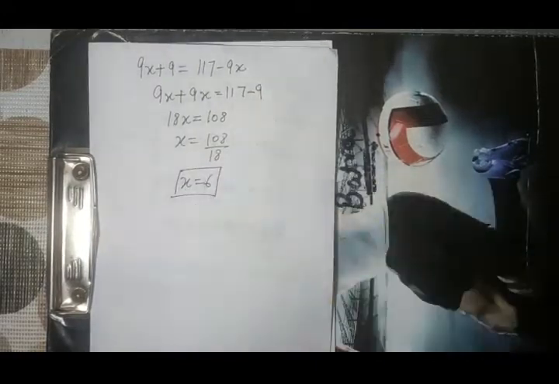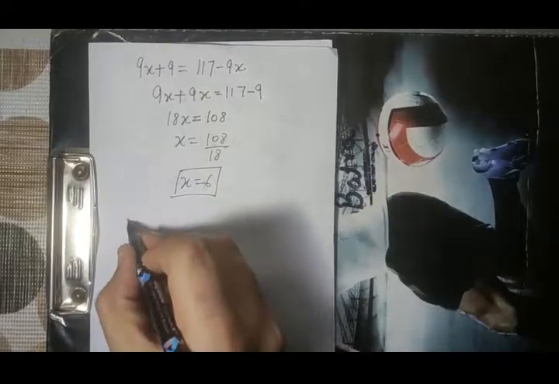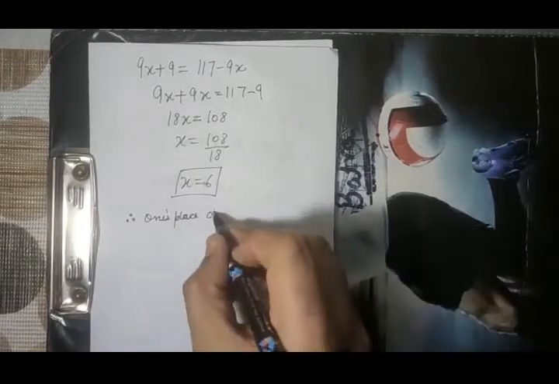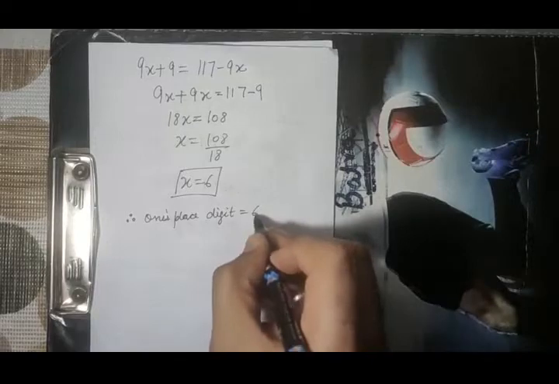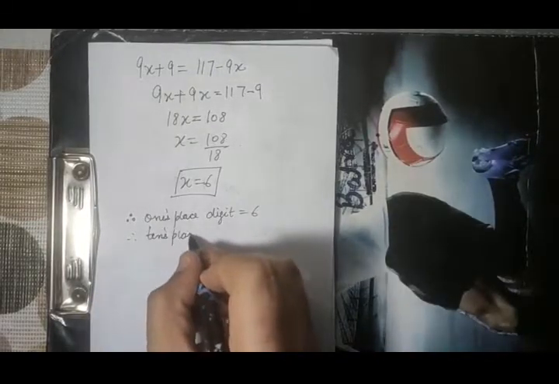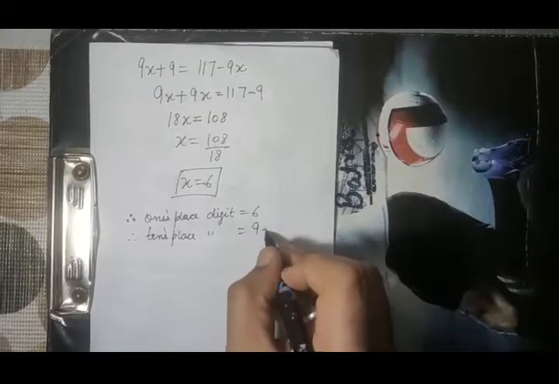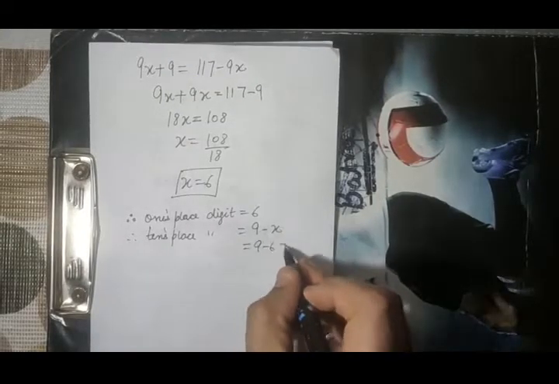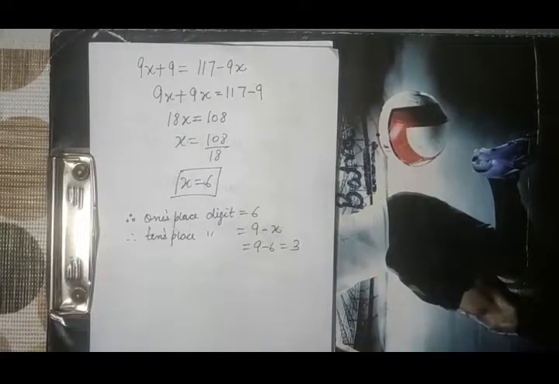So what was x? X was the digit at ones place. Therefore ones place digit will be 6 and tens place digit. What was tens place digit? That was 9 minus x. So this will be 9 minus 6 equal to 3. So we have to find the two digit number.